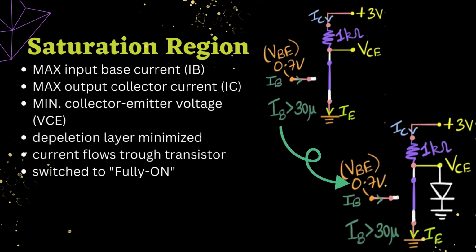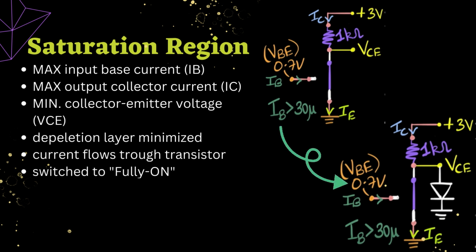Now we move to the saturation region, where the transistor will be turned on. The input base current will be maximum. Then the output collector current will be maximum also, because as I mentioned earlier, IC equals beta multiplied with IB.